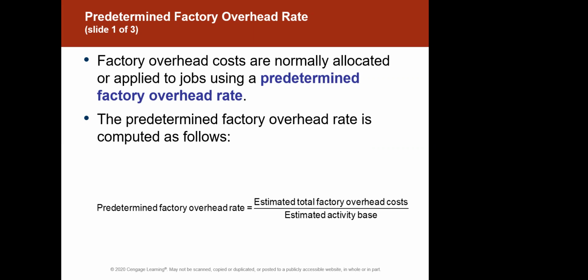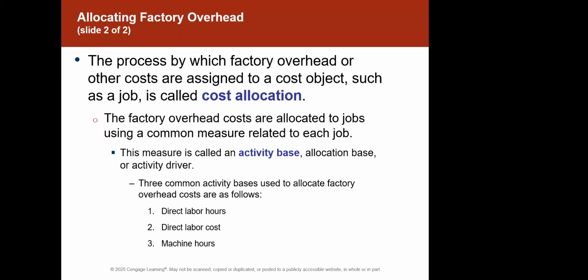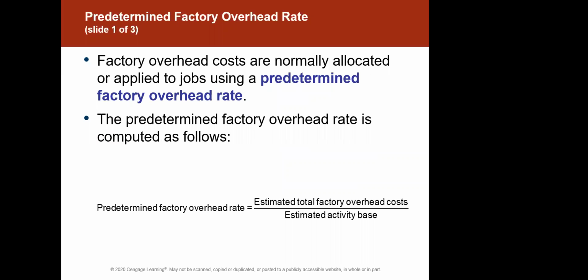So again, they would say we have $50,000 in total overhead for this factory. For all of the activities in this factory, we have 50,000 direct labor hours. So every direct labor hour is going to be allocated $1 of overhead or something like that.